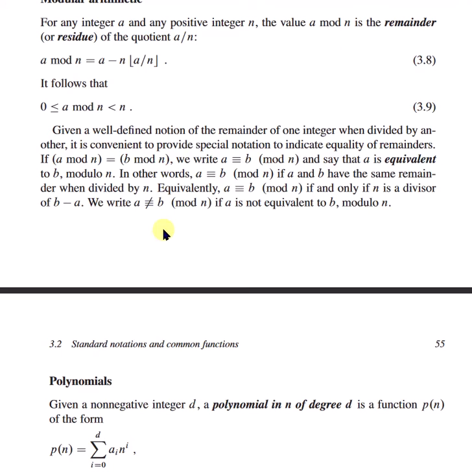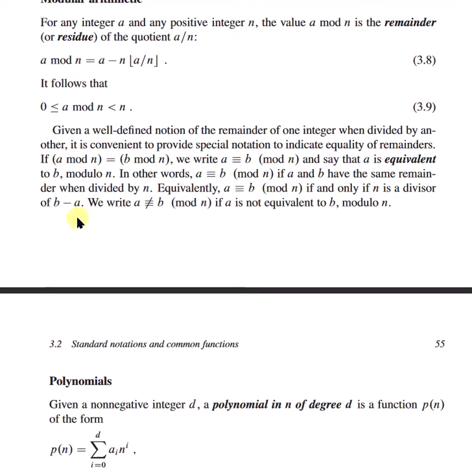Okay, what they are trying to tell us, let's say the numbers 35 and 38, all right? And let's take n equal to 3. 35 modulo 3, the remainder is 2, and 38 modulo 3, the remainder is again 2. 35 and 38 are equivalent to each other modulo 3.